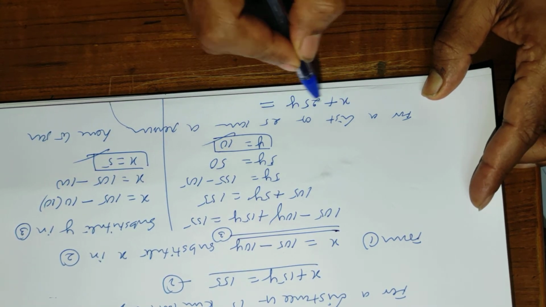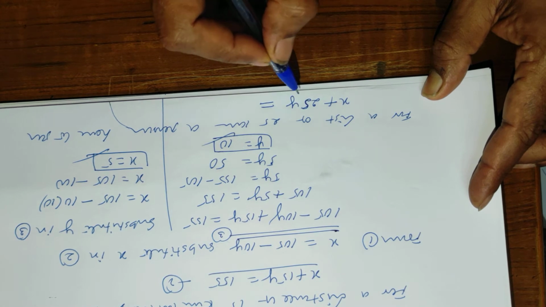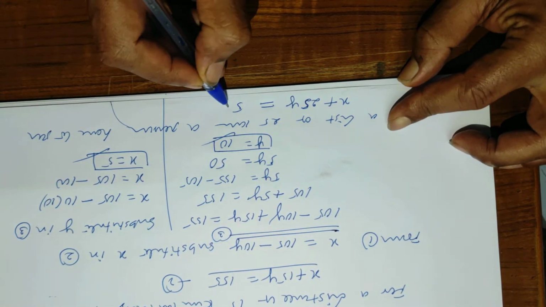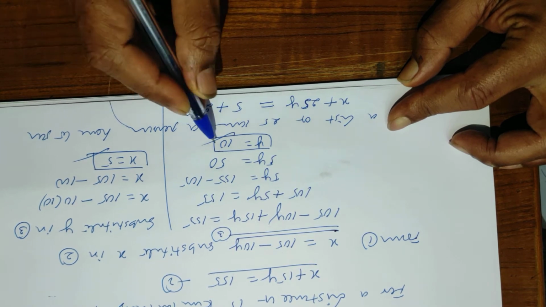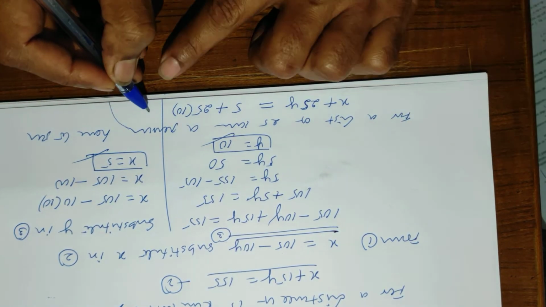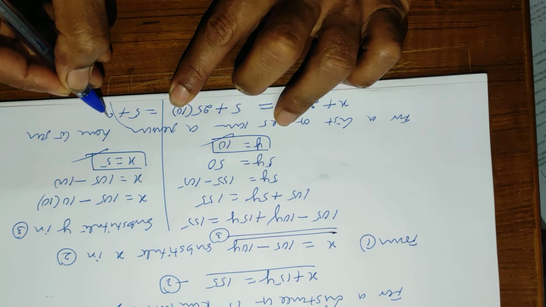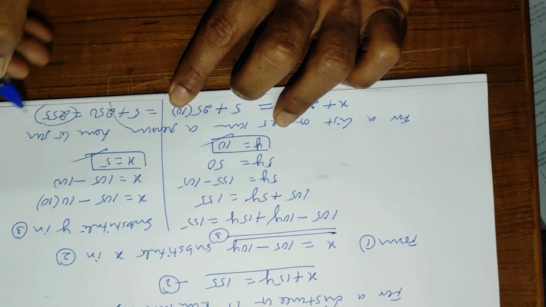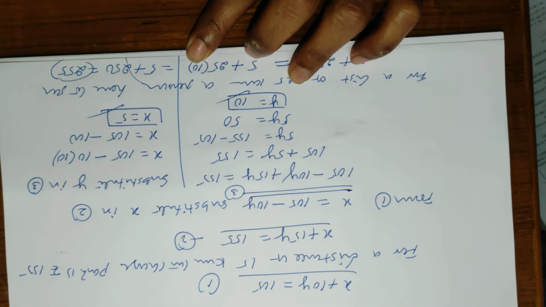X is the fixed price and he has traveled 25 kilometers, so 25Y. How much is it? 5 plus 25 into 10, that is 5 plus 250, that is 255. Rupees 255.